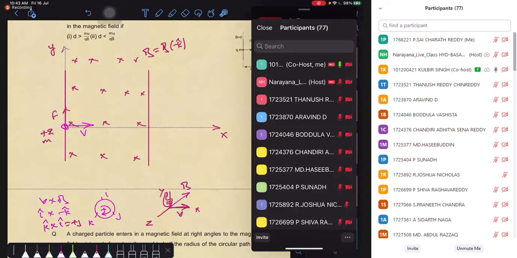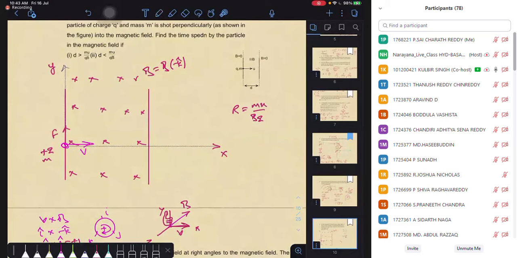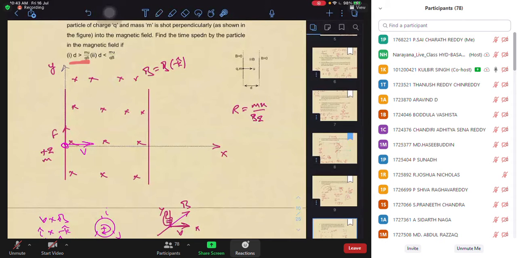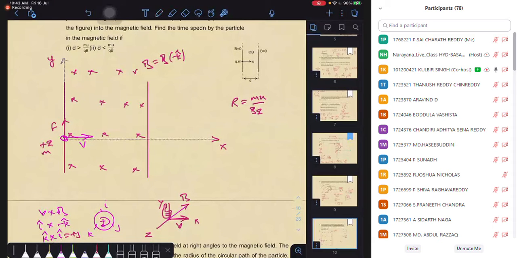Now for the circle, what is my radius? Very simple. Radius is momentum by Bq. Now, if you compare with the options, the first option they have given is D greater than radius. So D is greater than radius, meaning the radius is smaller than D. So it makes a semicircle, correct?